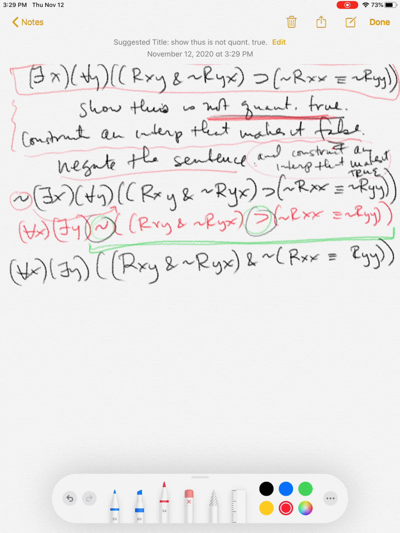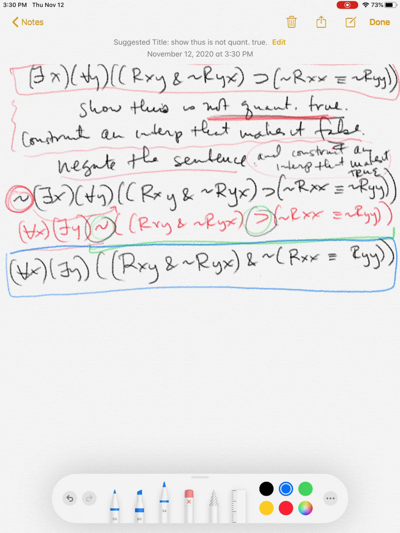Okay, so we negated it. We stuck a negation sign in front of it. Well, that was not immediately helpful. But then we pushed that negation sign through. We did some more manipulation. We did even a little bit more manipulation, and we end up with this. This is the negation of our original sentence.